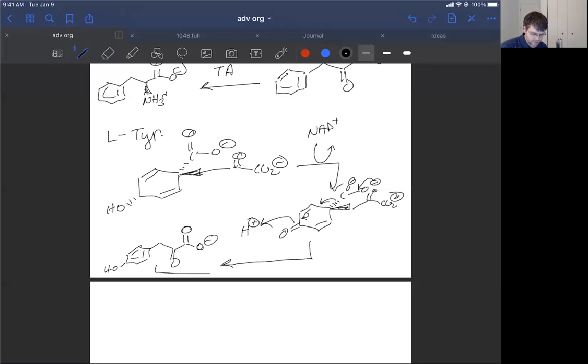So forgive me, I'm going to save my virtual paper for the next lecture. We do a transamination reaction here to generate the amino acid. And we're back.